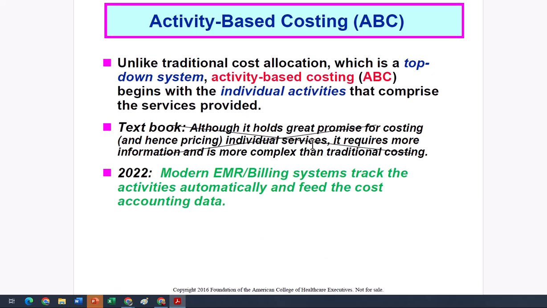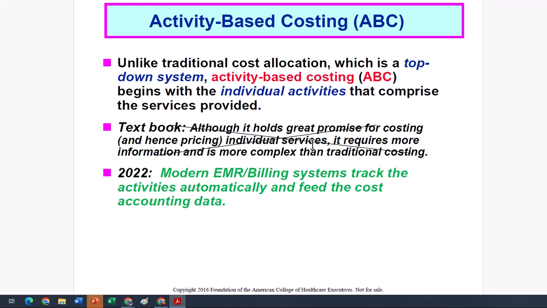Then the final one we're going to talk about is activity based costing. So now, instead of allocating these indirect-ish costs by a method, we're trying to get way more granular.